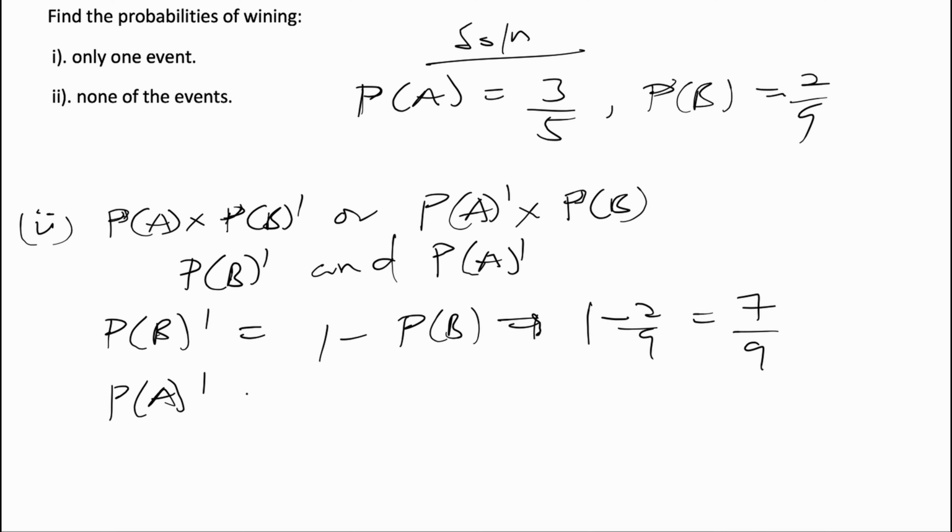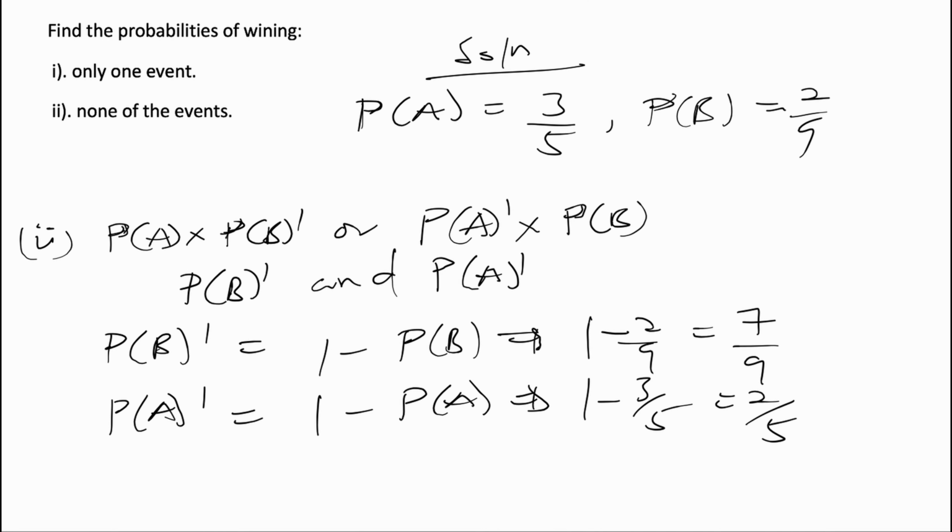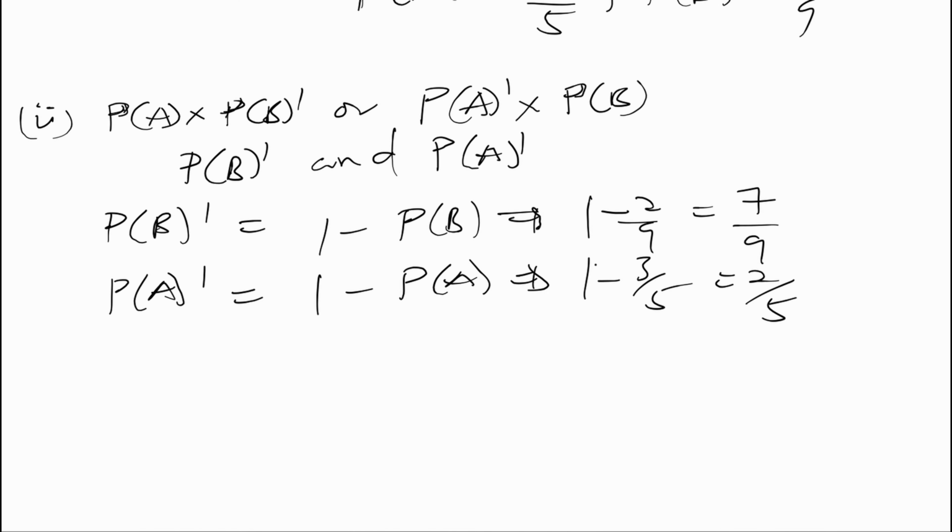P(A) complement is equal to 1 minus P(A), which is 1 minus 3/5, and that's 2/5.